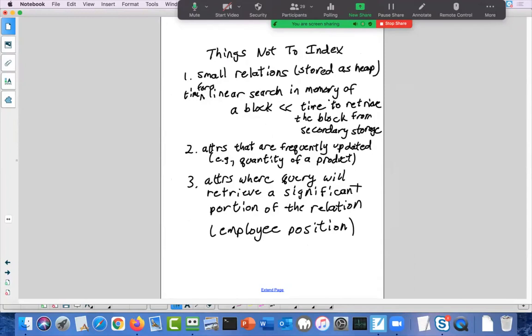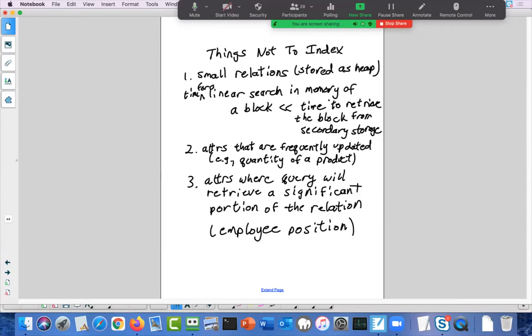Now, you might give consideration to putting a cluster index on the employee position. If there's no other attribute in the employee relation that really would be good for a range query, then you might say, okay, I will put a cluster index on the employee position, because at least in that case, even though it's a point query, all the tuples that are a manager will be together, contiguous.